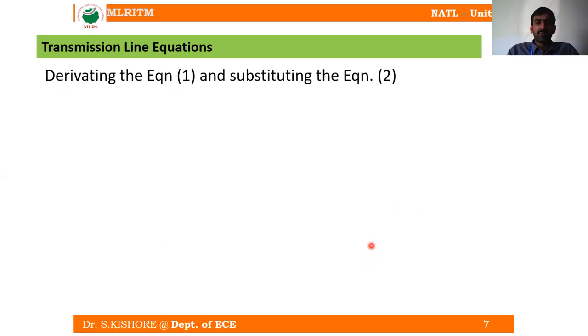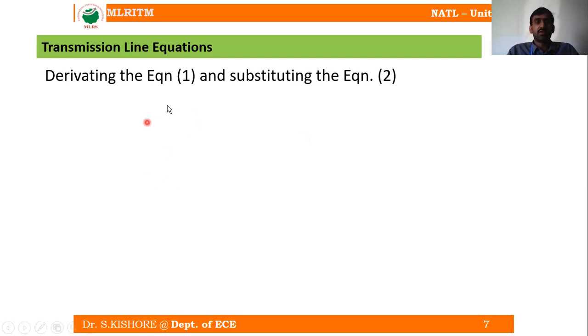Now equation number 1 is the change in voltage: minus dV by dx is equal to (R plus j omega L) into I. To obtain the expressions for I and V, let us first eliminate I from equation number 1, and later eliminate V from equation number 2, so that we have only one independent variable in each equation. That will make it easy to get the solutions.